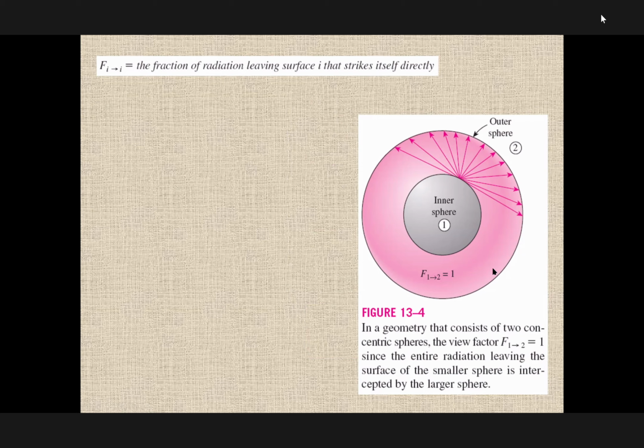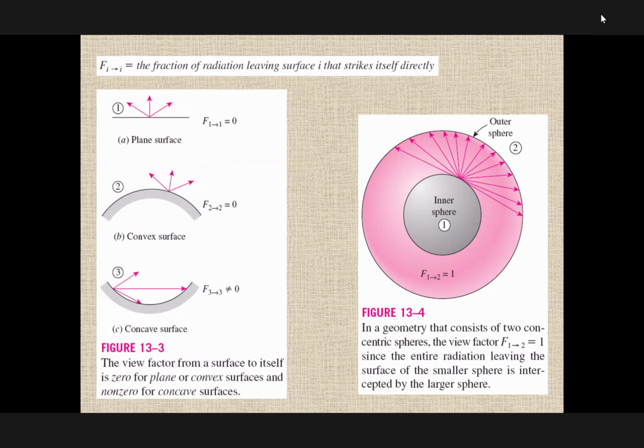Then I can use the reciprocity rule to calculate 2 to 1, because I know the surface area here and the surface area here, so I can easily calculate. This is one example. Because this principle says whatever energy leaves here will eventually be captured by surface 2, I can go back and calculate the shape factor of 2 to 1. Otherwise, it's very difficult to calculate 2 to 1, okay?